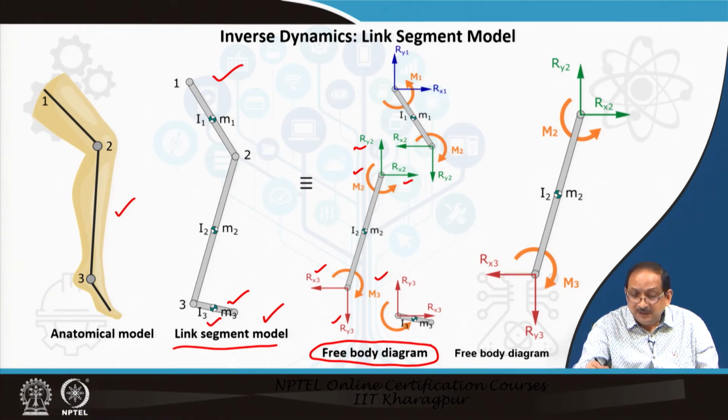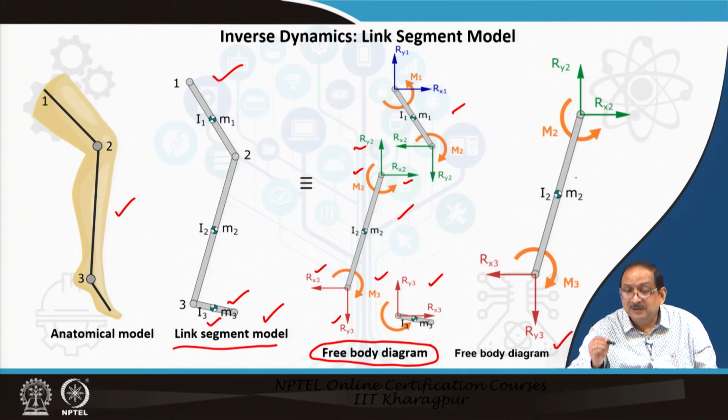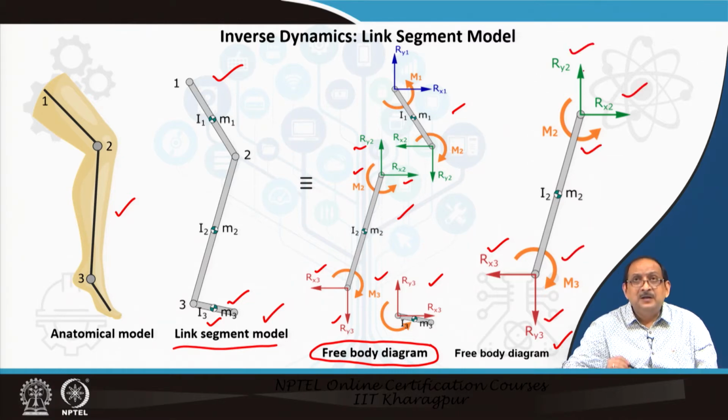Now, you can see here that we have 1, 2, 3 segments when we isolate the body from the link segment. Typically, we take out one segment and draw the free body diagram of the segment, and the reaction forces at the joints and the moments are indicated for one segment.